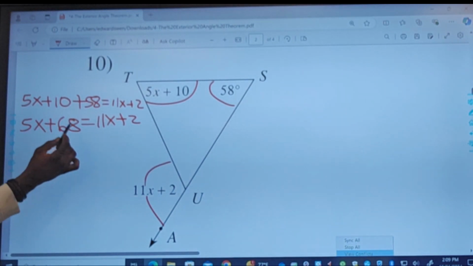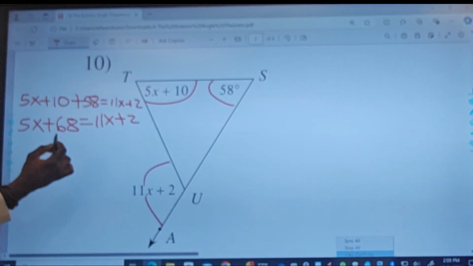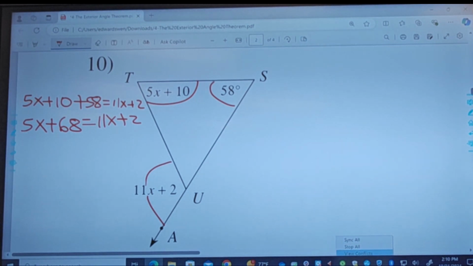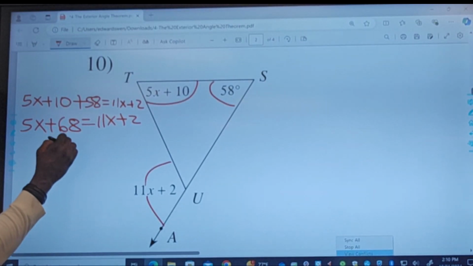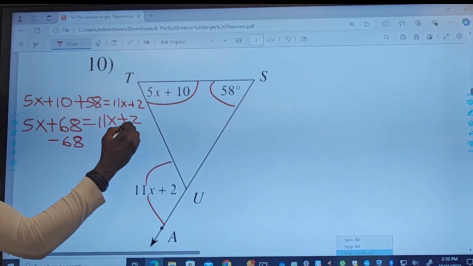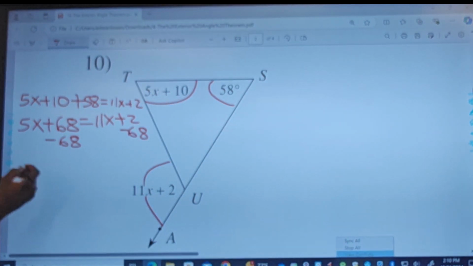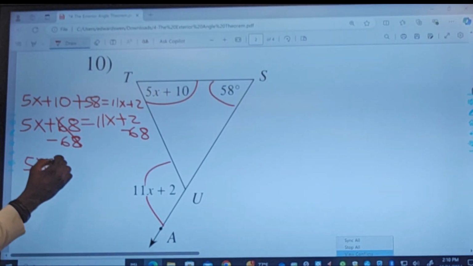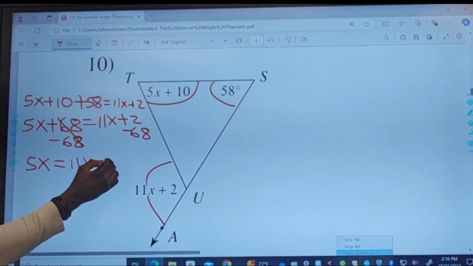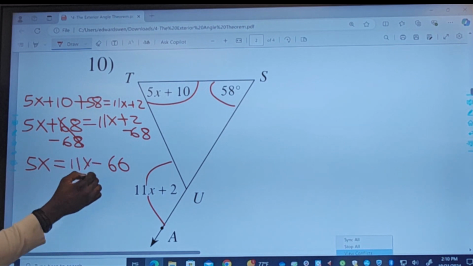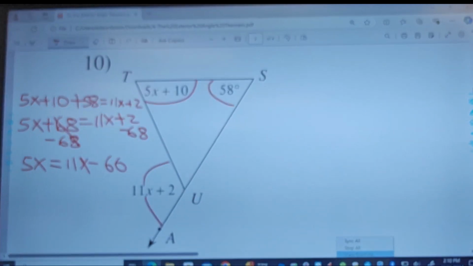That means I need to remove this 68 from the right side. How do we do that? Okay, from the left side, I should say. So we're going to subtract 68. When we simplify this, this becomes 0. So 5x alone is equal to 11x minus 66. Positive 2 minus 68 is negative 66, okay?